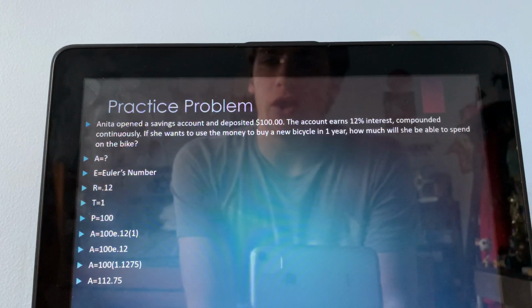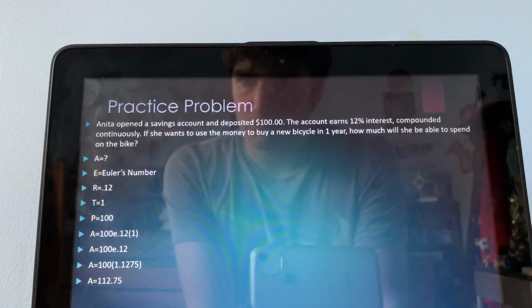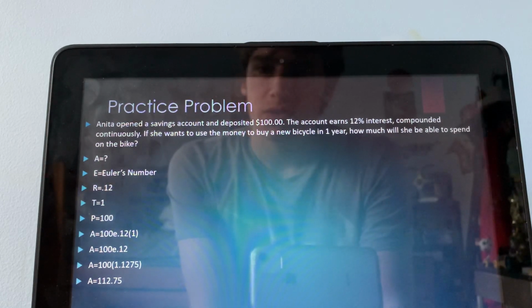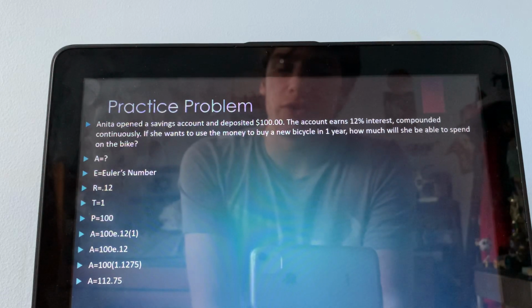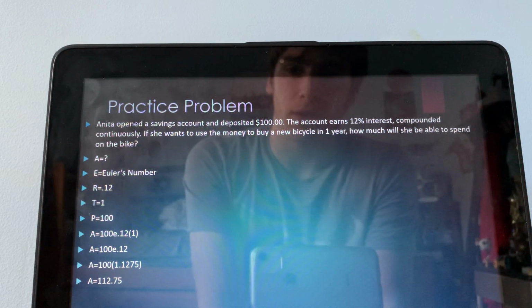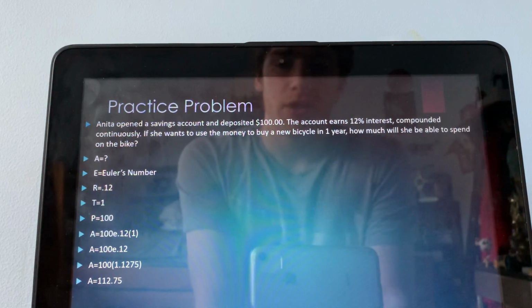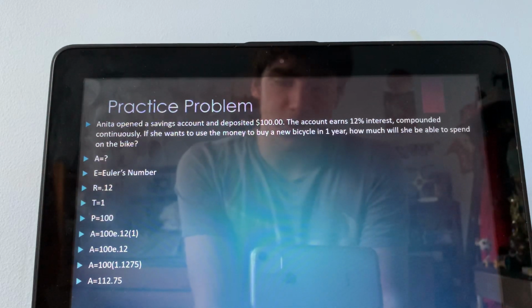So A is 100 times E to the power of 0.12 times 1. 0.12 times 1 is just 0.12, so we get 100 times E to the 0.12 power.